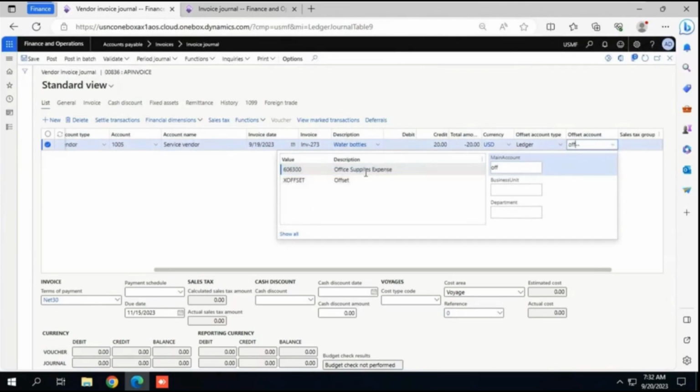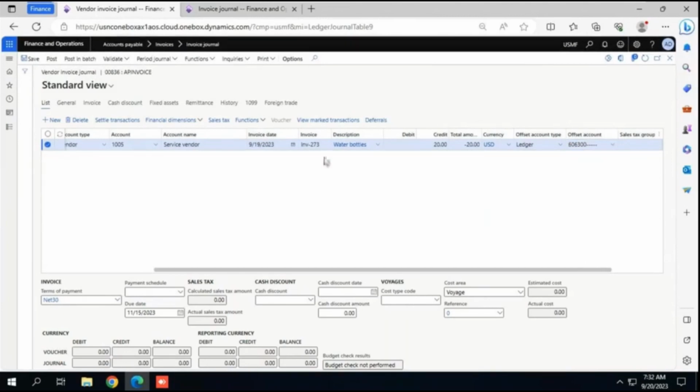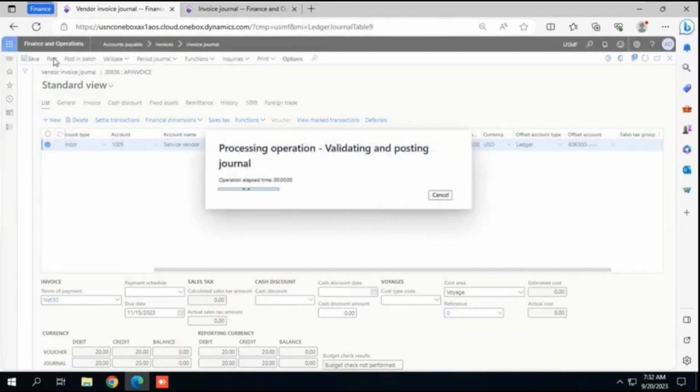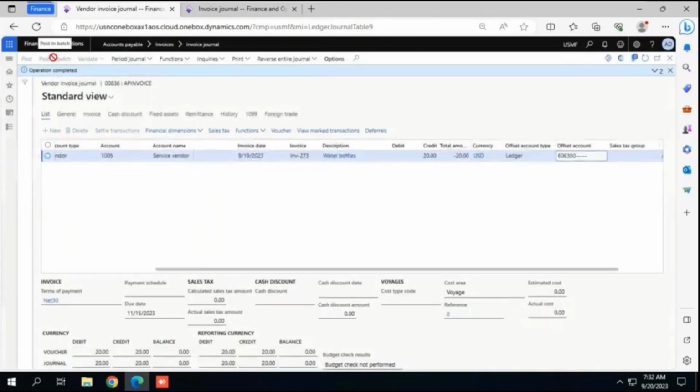I need to enter credit. Okay. Next, it is office expenses. So I am entering office supply expenses. Now click on save and post.